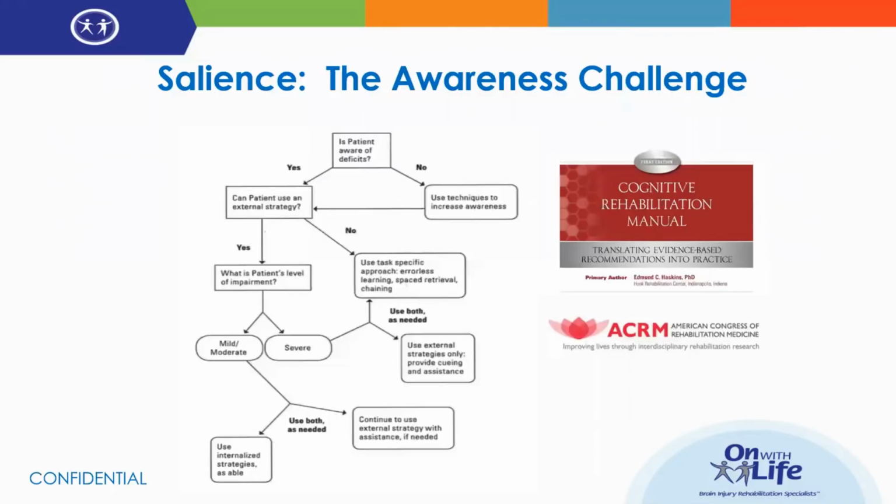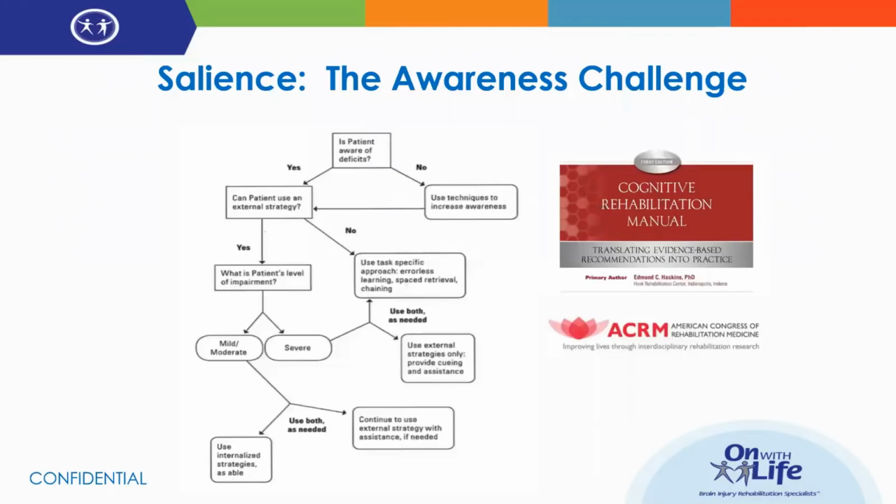If the part of my brain that allows me to be aware of that challenge has been affected by the stroke, this causes an inherent challenge in rehabilitation. It's one of the reasons stroke and traumatic brain injury rehabilitation are so challenging: loss of awareness and damage to the areas of the brain that we traditionally think of as motivating us.